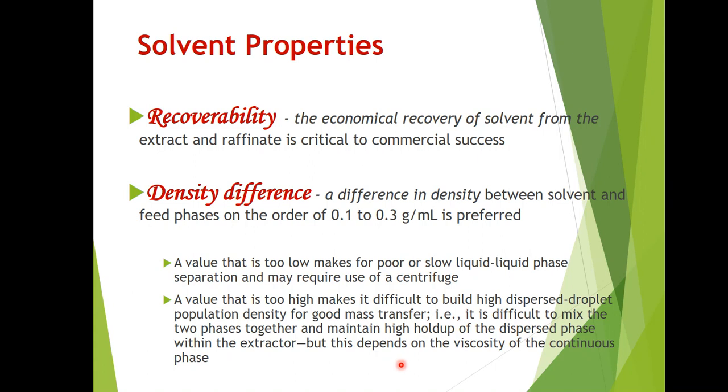So we don't want a density difference higher than 0.3 because it's difficult for our feed and our solvent to mix. That way the solvent will be able to take out the solute that we want to take out from the feed.